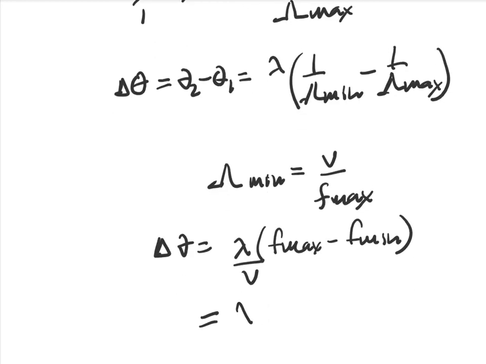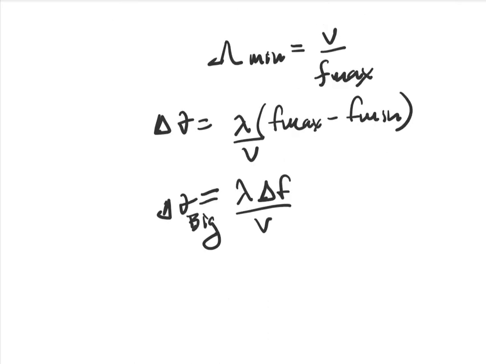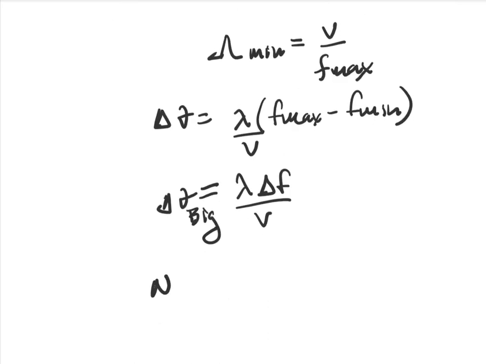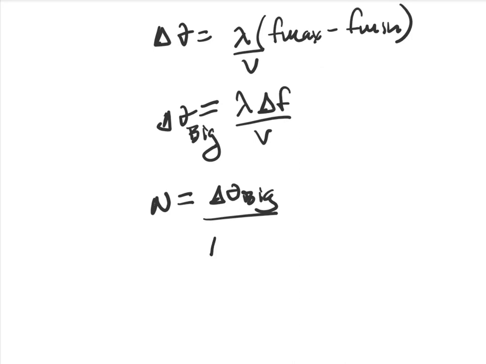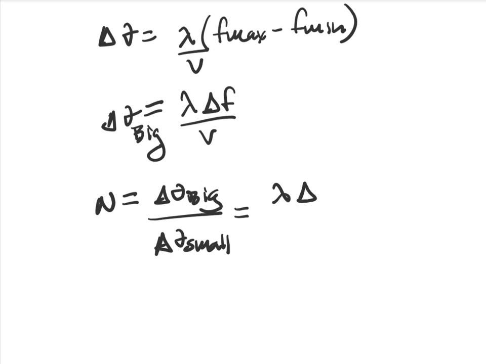And this is big delta theta equal to lambda delta f, or the bandwidth, over v. This is what we're going to use to find N, which is, as you recall, delta theta big over delta theta small. The total scan angle over the beam divergence. And that is equal to lambda delta f, or bandwidth, over v.